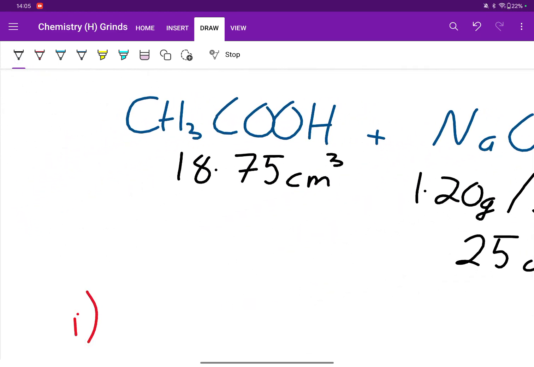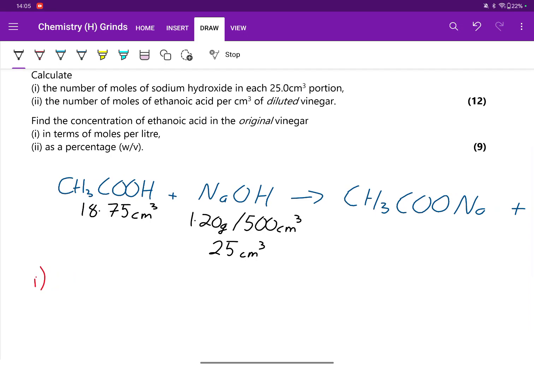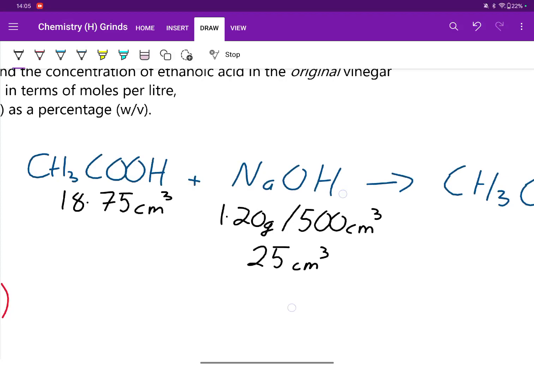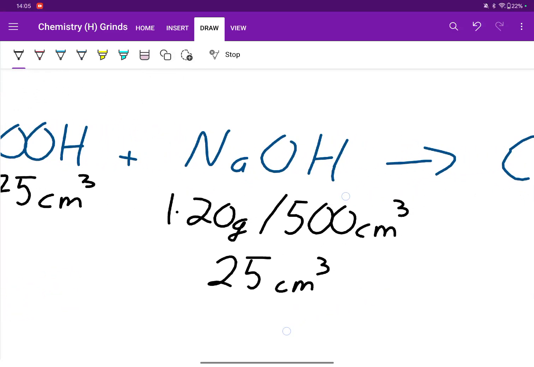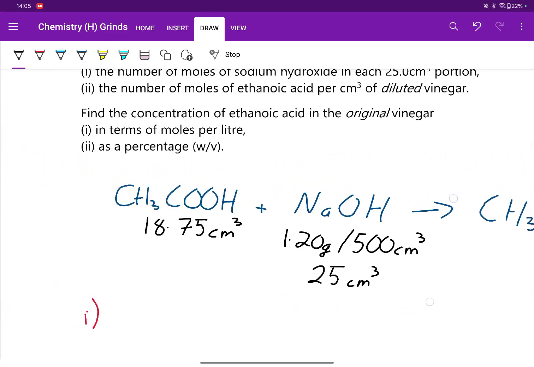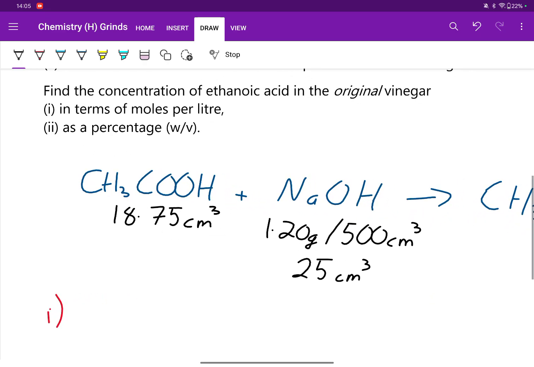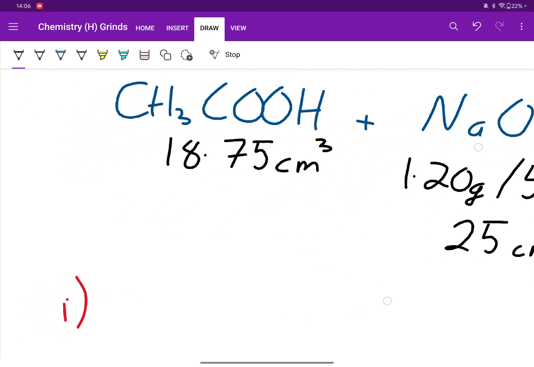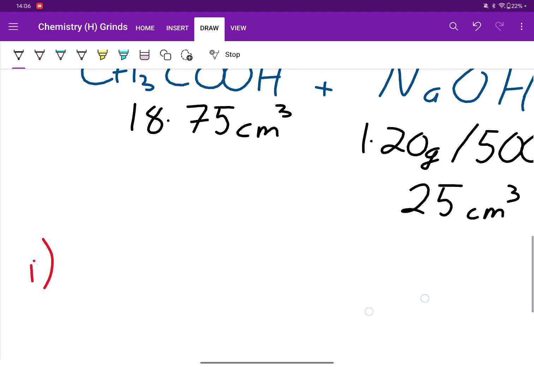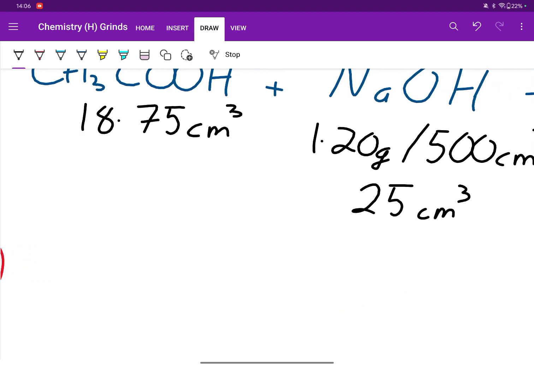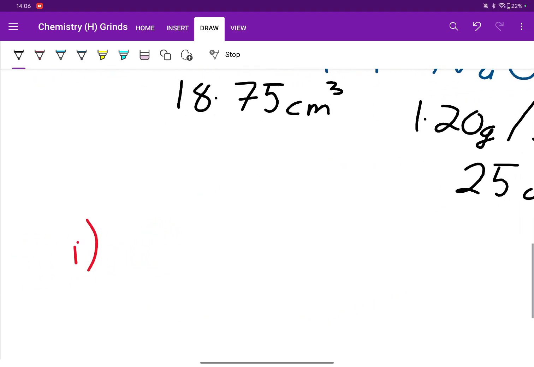So, I'd always recommend doing that first because it'll help, especially later, you'll see how that'll help. So part 1 is the moles of sodium hydroxide in each 25 centimeter cubed portion, okay? So, we have grams in 500 centimeters cubed. We want to get moles in 25 centimeters cubed. So what I'm going to do first is convert this 1.20 grams into moles, right?